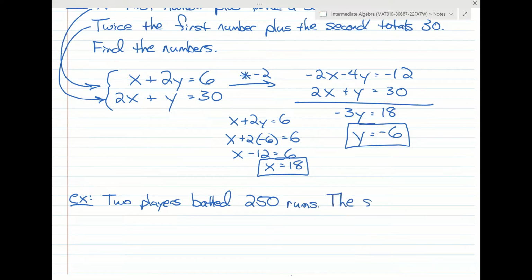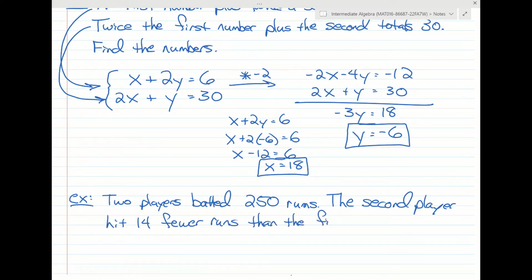The second player hit 14 fewer runs than the first. How many runs did each have?